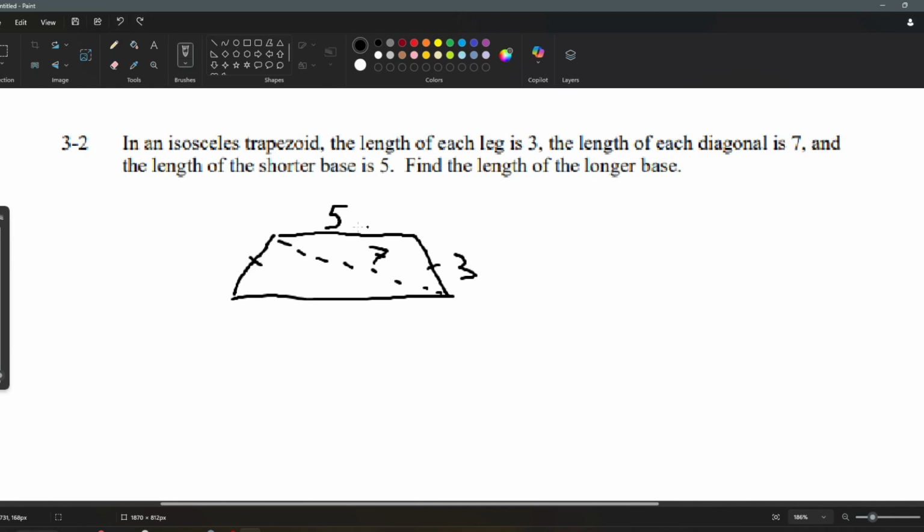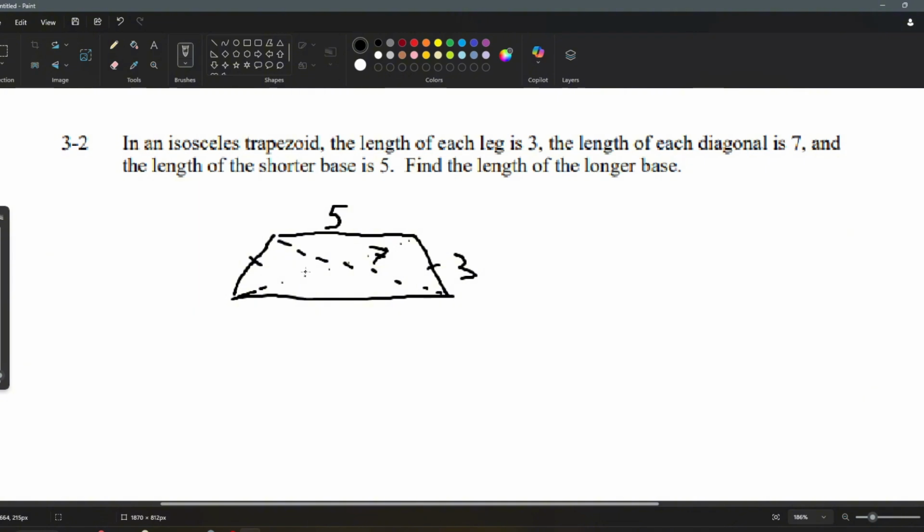Hmm. What if this is not 90 degrees, so we can't use any sine, cosine, whatever. What if I also draw this? Does that give me anything? Well, I know these are two similar triangles, but that's not really helpful.